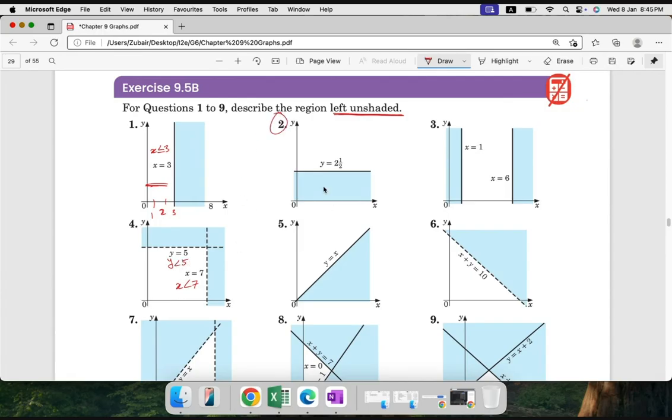Try question number 2. Sign of inequality. Less than or greater than.